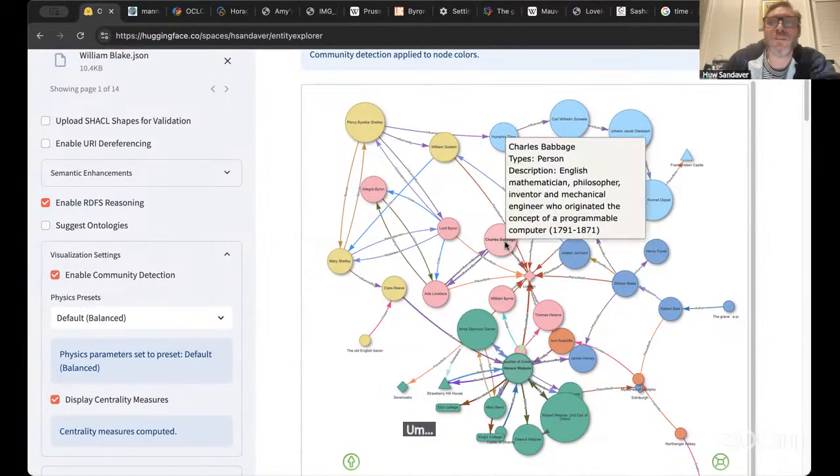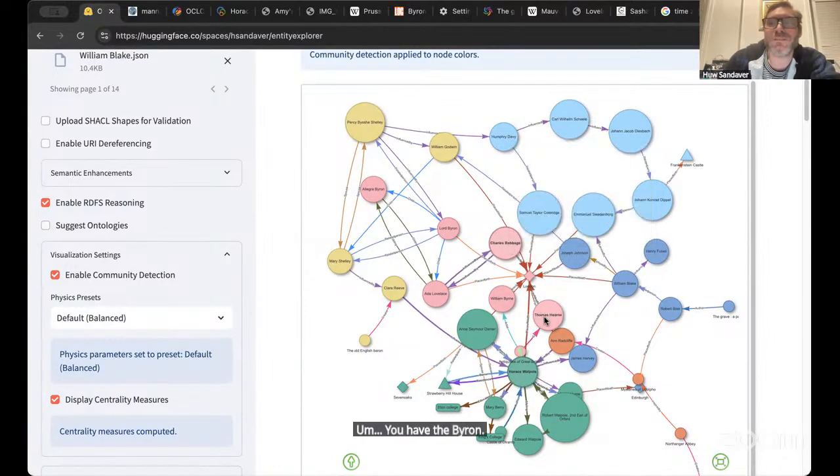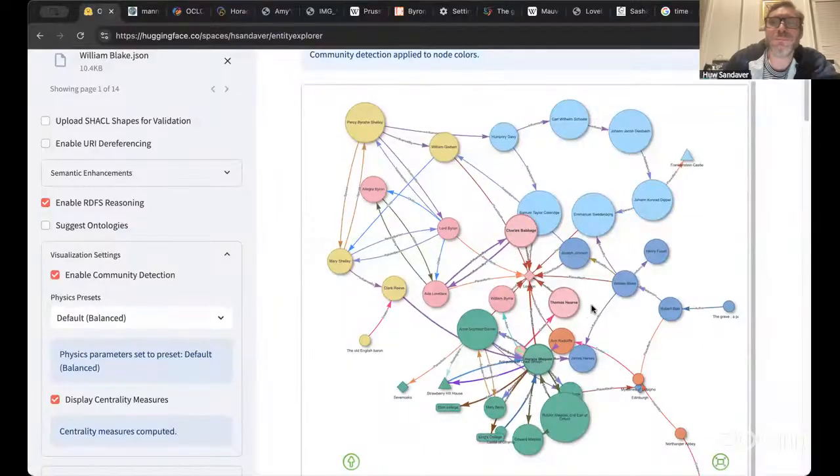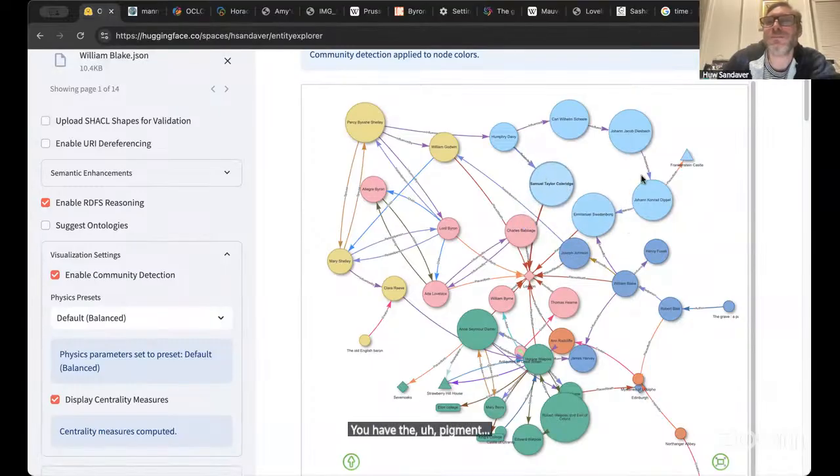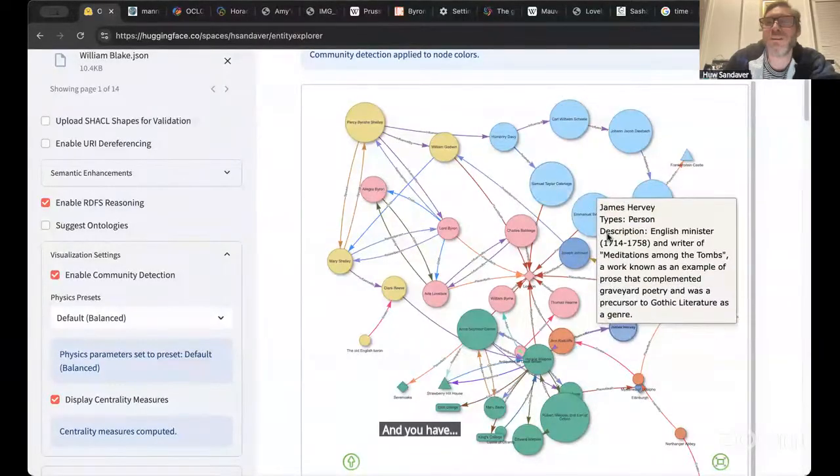You have the Byron group here. You have the pigment group here. And you have the publishing and art group here.